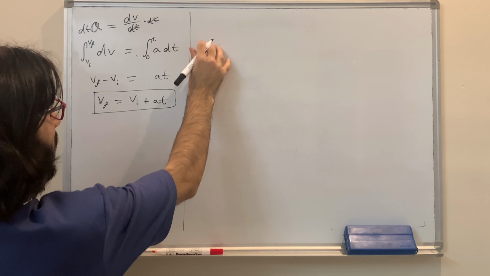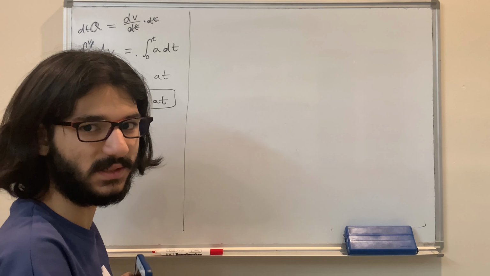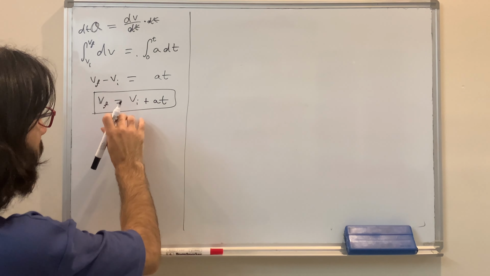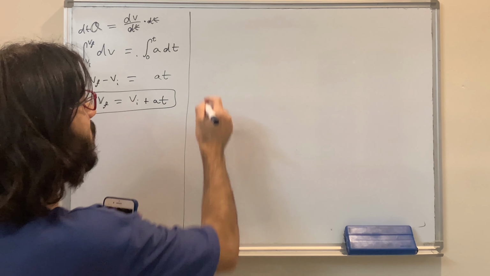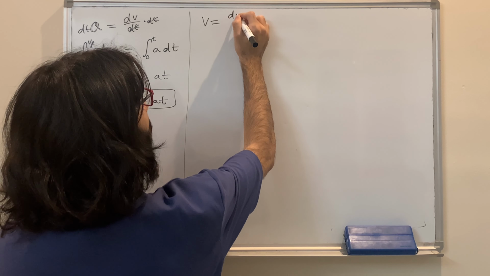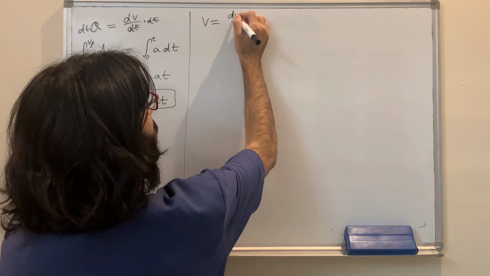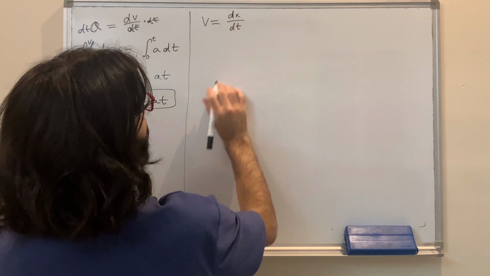For the next one, we do the exact same process, but we're doing it with velocity. Velocity is just the derivative, some small change in position with respect to time.